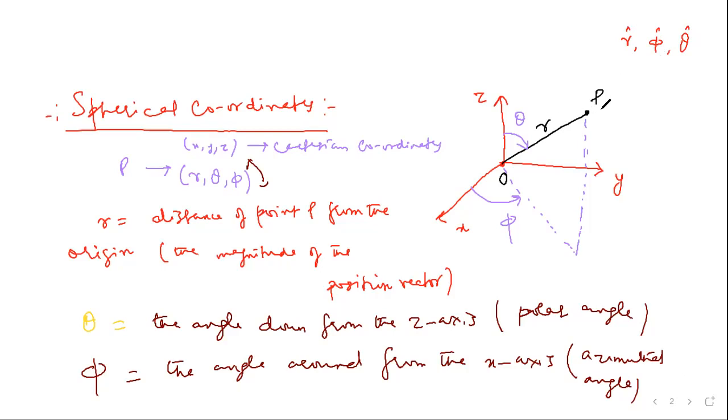Theta cap is the unit vector in the direction of increasing theta. And phi cap is the unit vector in the direction of increasing phi. So in the diagram, I can show them. R cap will be this way. Theta cap will be like this. And phi cap will be like this.